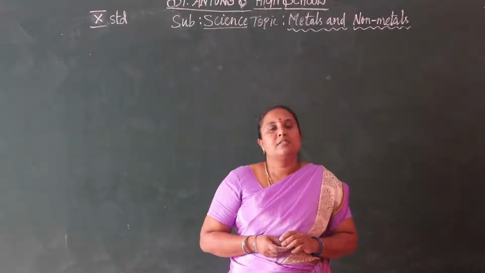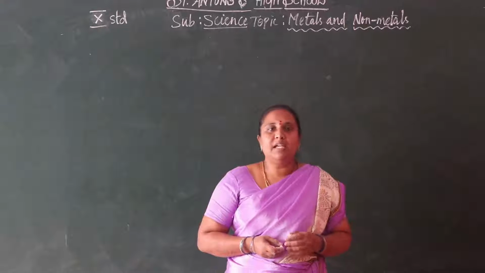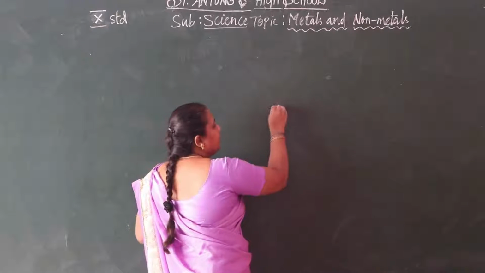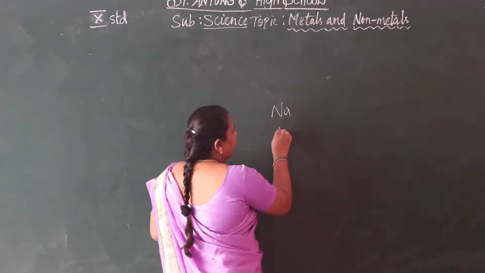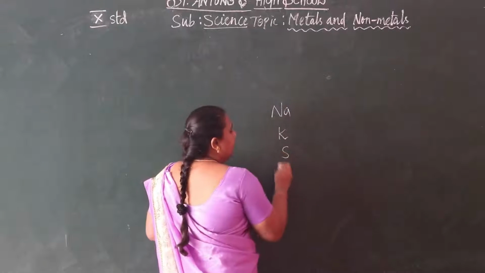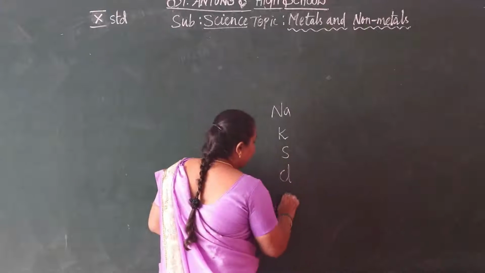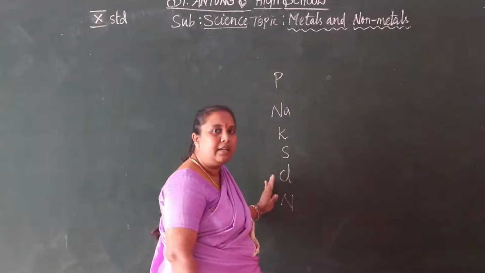Let us know the elements. We have so many elements, that is sodium, potassium, sulfur, chlorine, nitrogen and phosphorus.